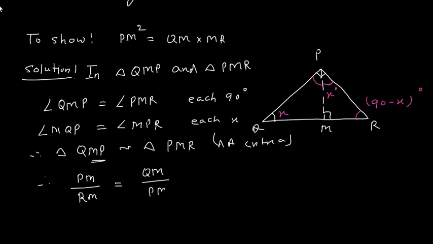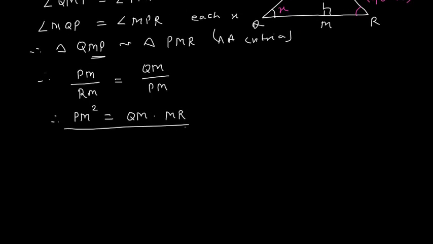So you have PM square is equal to QM into MR. Now what you have to prove is PM square equals QM into MR. Hence proved. You can write this as corresponding parts of similar triangles. This is AA criteria.